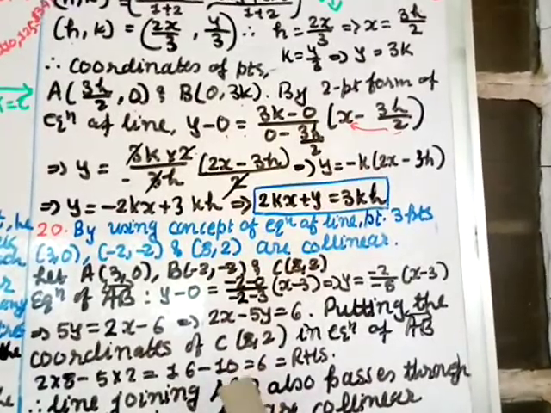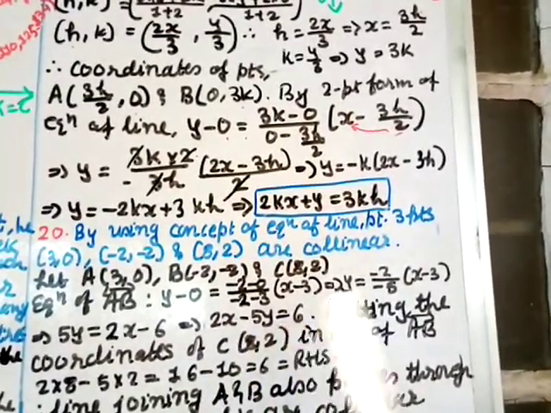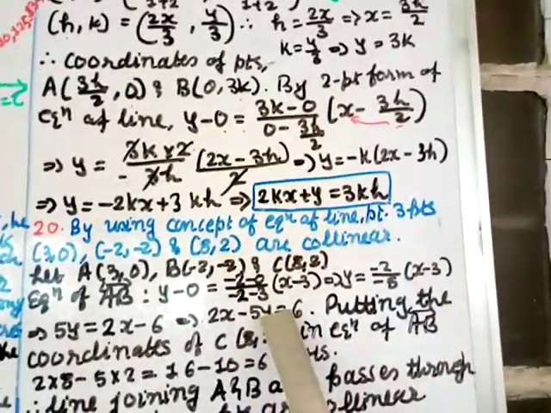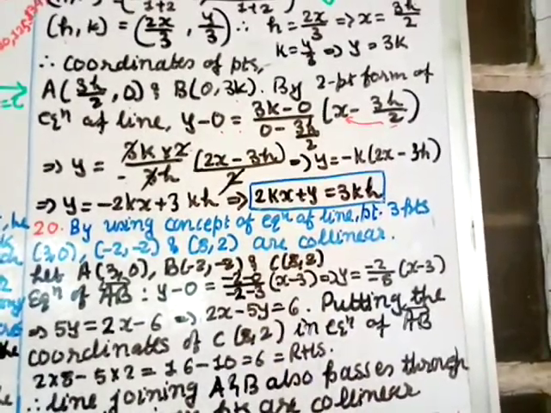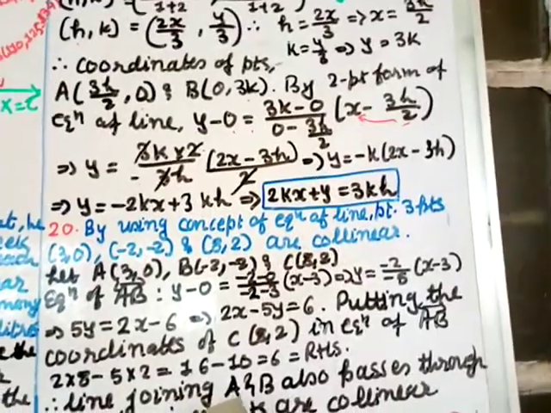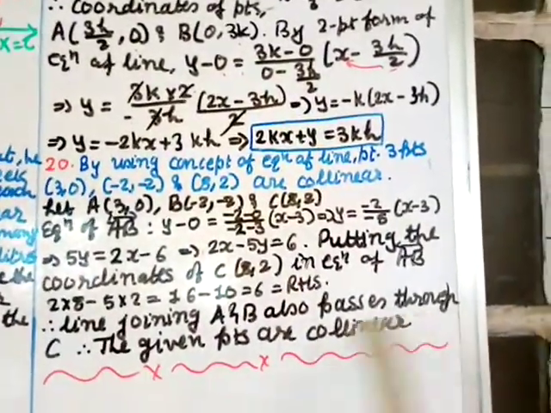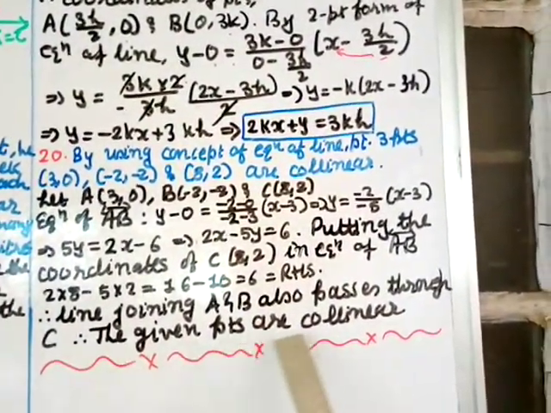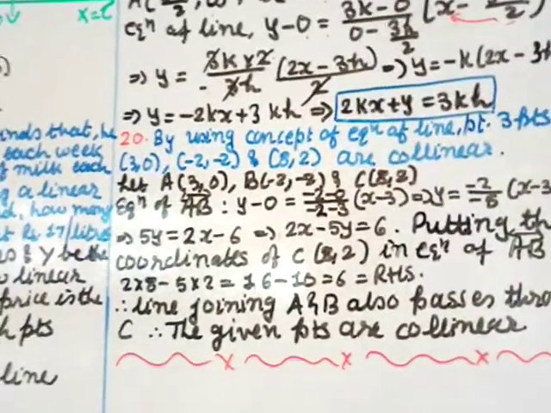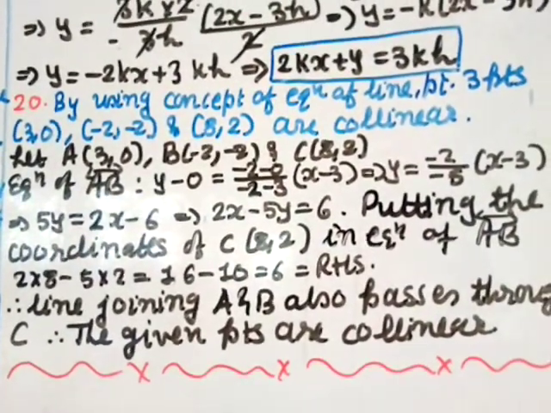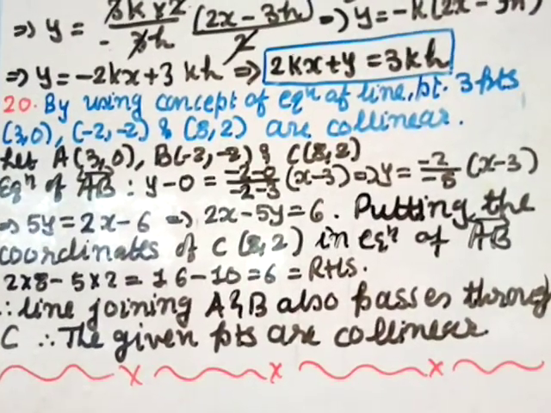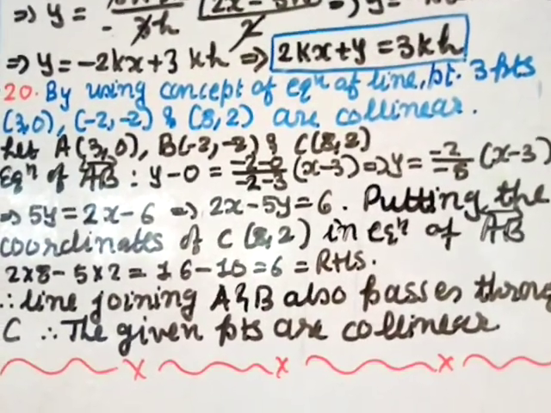Okay, or the point satisfies this equation of line, that means the point is on this line, or this line is passing through this point also. Okay, so therefore the line joining A and B also passes through C, therefore the given points are collinear and hence proved. Okay, so we had to prove that these 3 points are collinear using the concept of the equation of line, and we have proved this.